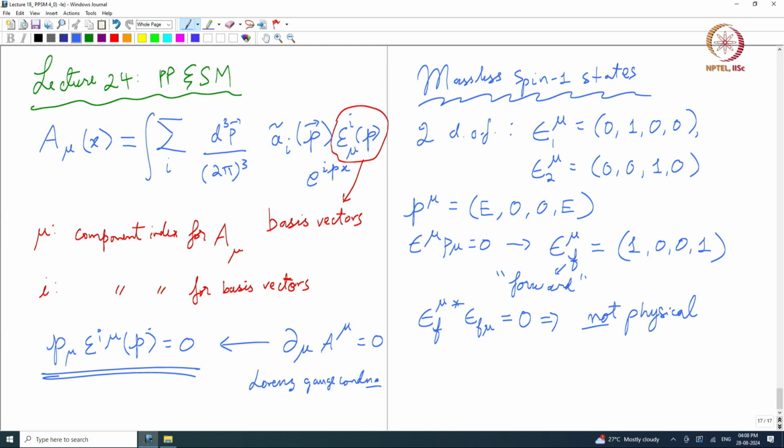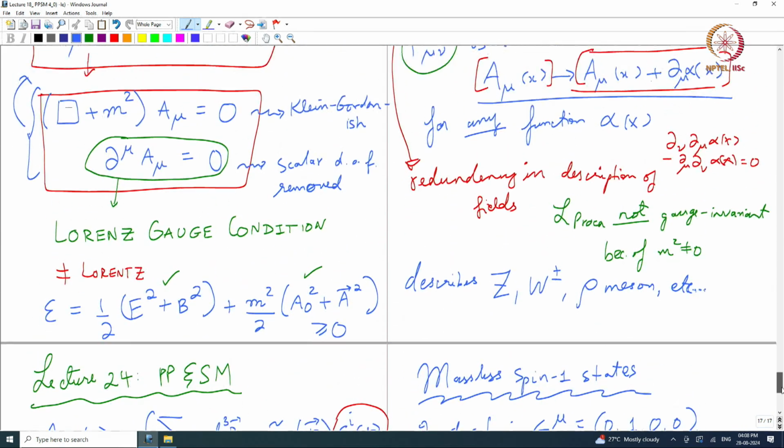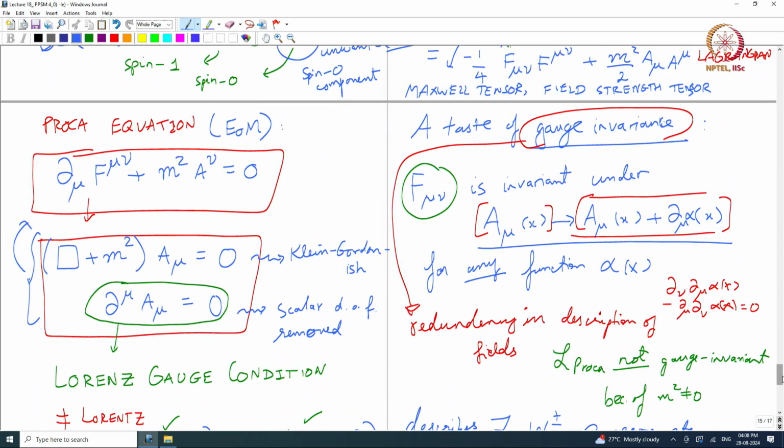Okay. There is yet another way to see that this is unphysical, and that is to make use of the gauge invariance that we mentioned in the previous lecture.